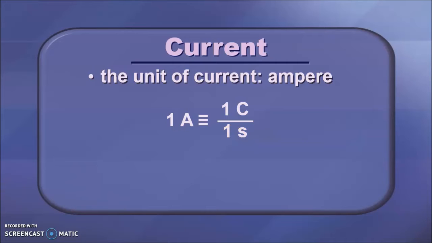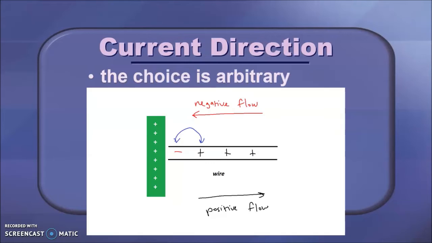Now you might be wondering, which direction does it flow? You're probably not wondering, you're probably just copying down notes. Well, the truth is, the choice is arbitrary, or a better way to say it is that it's a matter of perspective. How do you view this flow of charge?